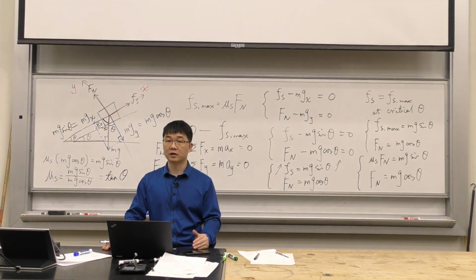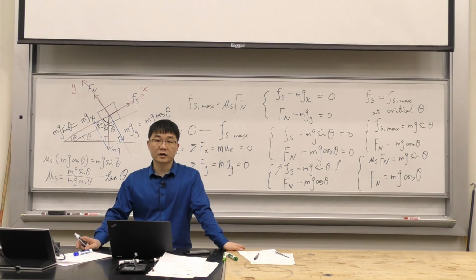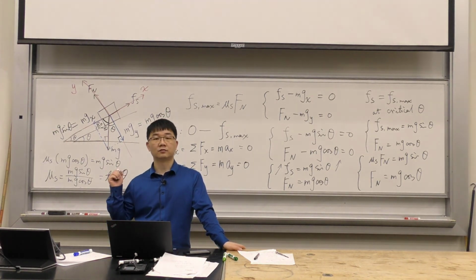As I said, this mu s cannot be predicted from any fundamental theory, so that if I give you two surfaces, you cannot use the fundamental theory to just find it. You have to come up with an experiment to find the mu s between these two surfaces, and this is one of the simple experiments you can do.